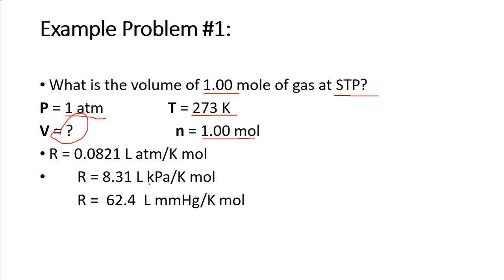Which of these R's are we going to use? We have pressure units of atmosphere, so we are going to want to use this R here because its pressure units are atmosphere.